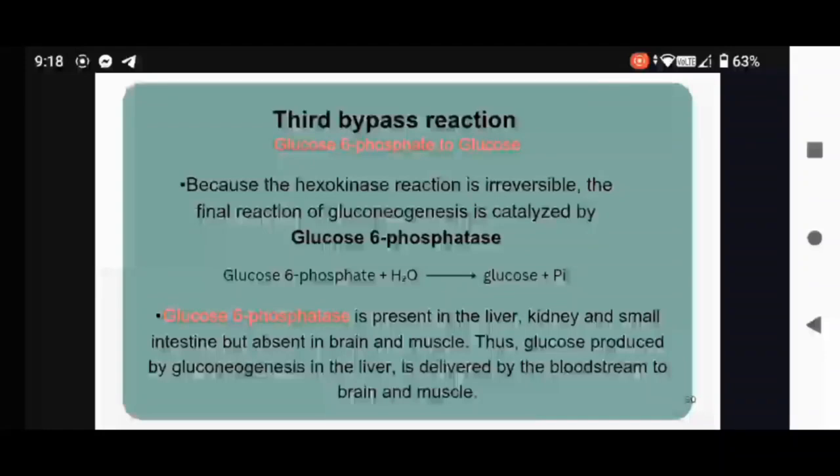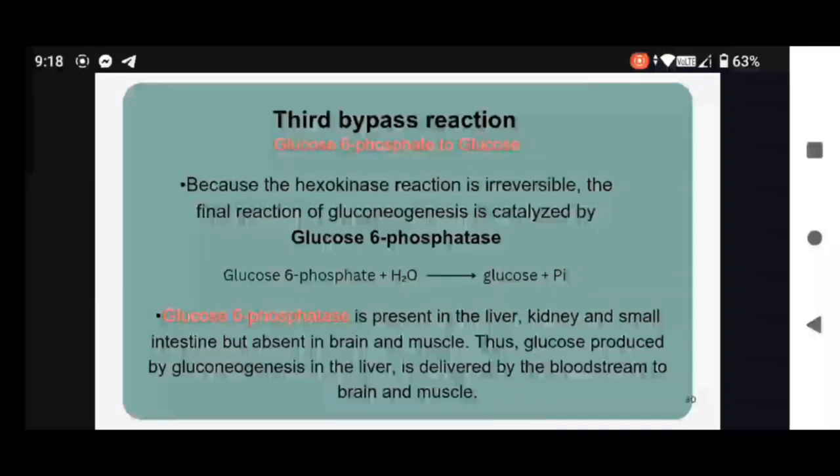In the third bypass, this step bypasses the irreversible hexokinase/glucokinase reaction of glycolysis, which converts glucose to glucose 6-phosphate. The enzyme involved here is glucose 6-phosphatase. This is a hydrolysis reaction that removes the phosphate group from carbon 6. It allows glucose to be released into the bloodstream, and it occurs in the endoplasmic reticulum of liver and kidney cells.